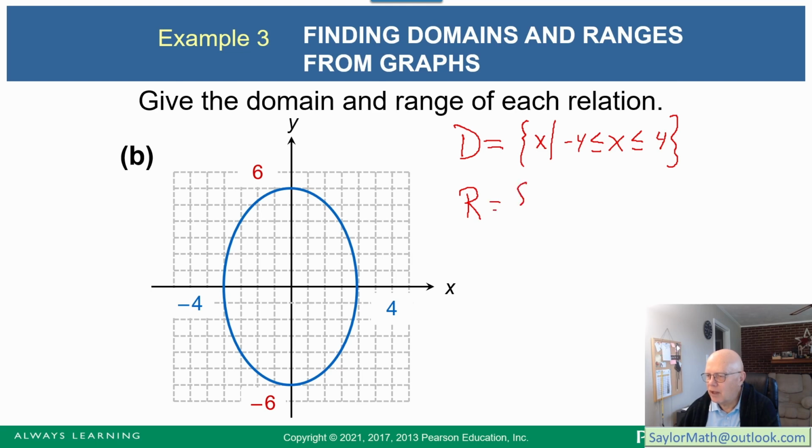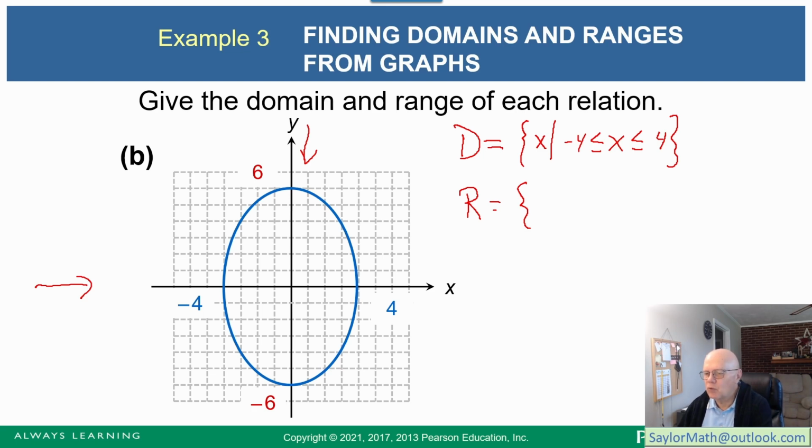What's the range? Now hopefully once I've done this, you might be able to guess what the range is. Now the domain was all the x's, talking about those. The range is all the y's, so we'll be talking about all those. And again, scan from negatives to positives, in this case, from the bottom to the top.